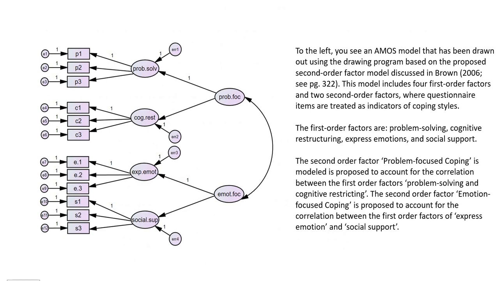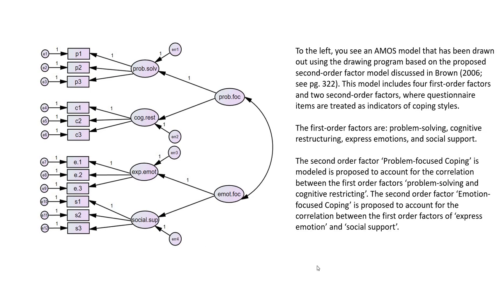So let's briefly talk about the variables in the model specification. Basically the boxes that you see in this diagram are representing items from a coping styles questionnaire. And you can see that we have three items that are loaded onto each of the first order factors.